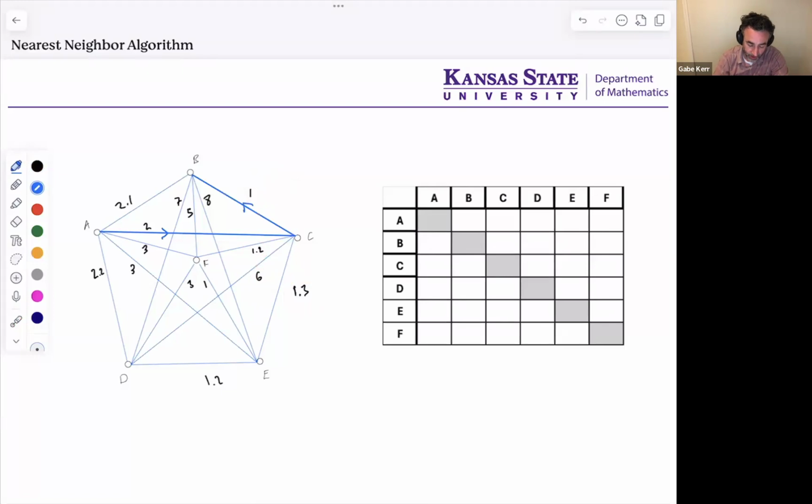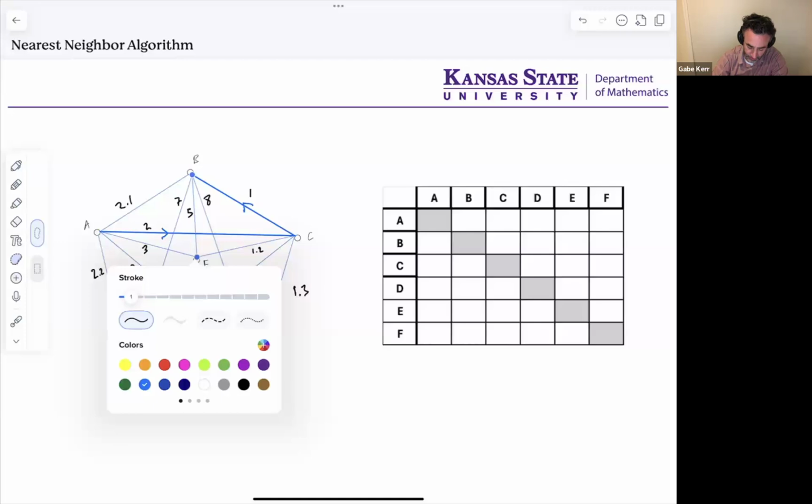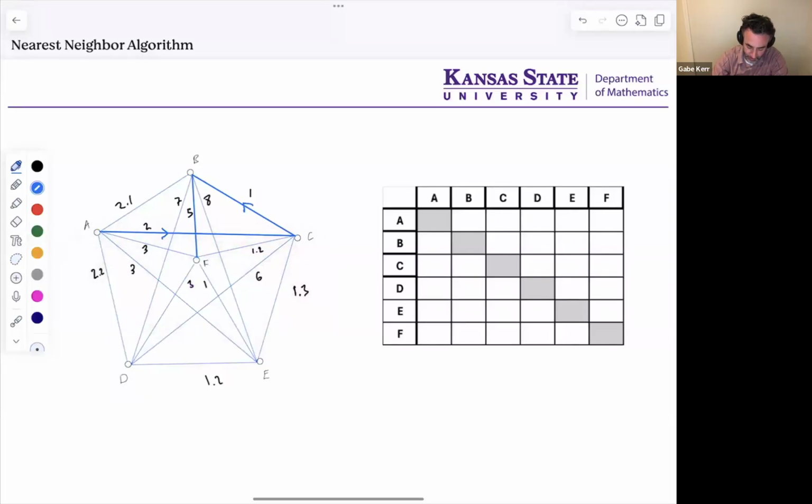And now, again, we look and we have 3 possibilities. We can't choose this possibility because we've already visited A. So we eliminate that. We've got 3 possibilities. The smallest number is 5. So we'll choose this edge here as our nearest neighbor. So why are we calling this nearest neighbor?